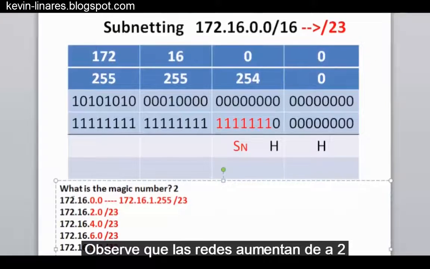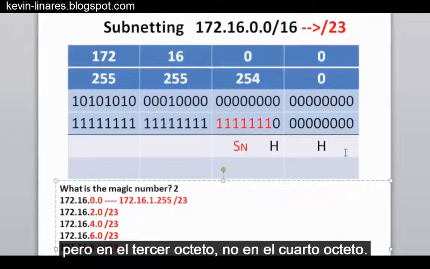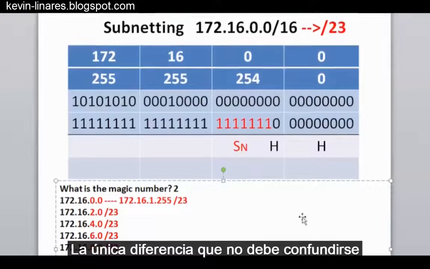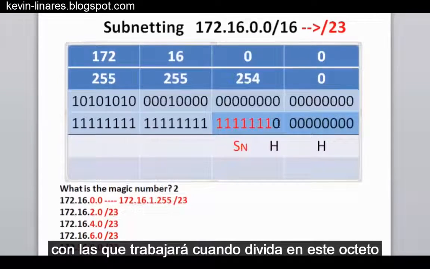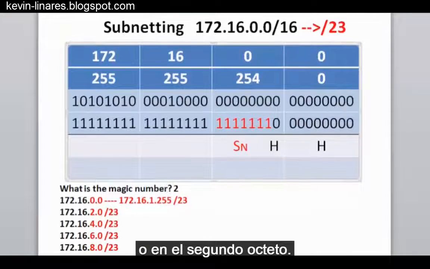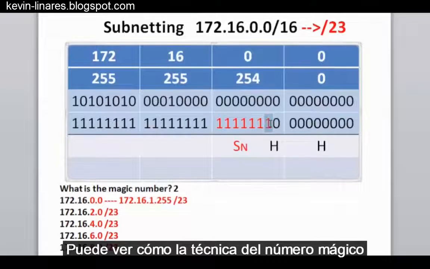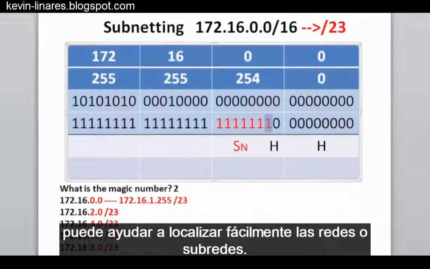Notice that the networks are going up by 2, but in the 3rd octet, not in the 4th octet. The only difference not to be confused on is the larger number of host addresses that you'll experience when you subnet in this octet or in the 2nd octet. You can see how the magic number technique can help you quickly locate the networks or subnets.